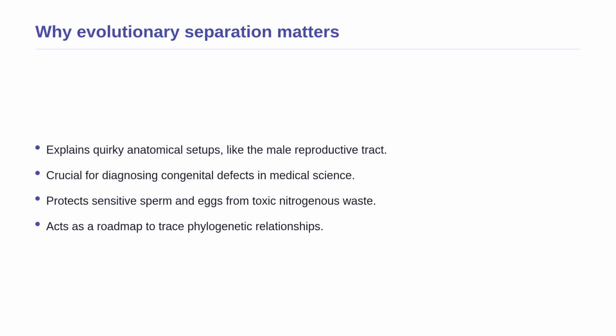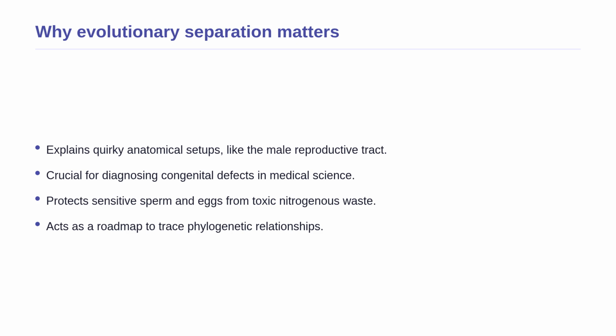This brings us to an important question. Why does the evolution of these ducts matter to us today? First, it explains the quirky anatomical setups we see in modern animals, including humans, such as why the male reproductive tract is so intimately tied to the urinary system.